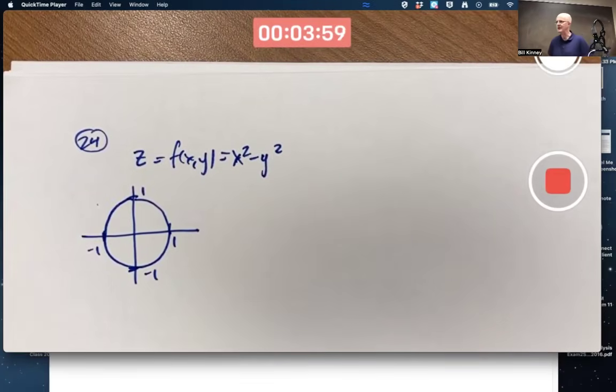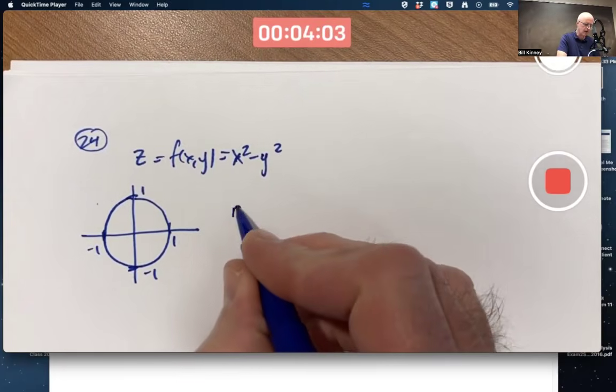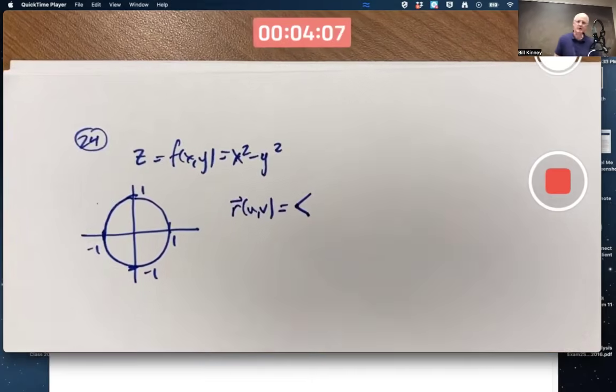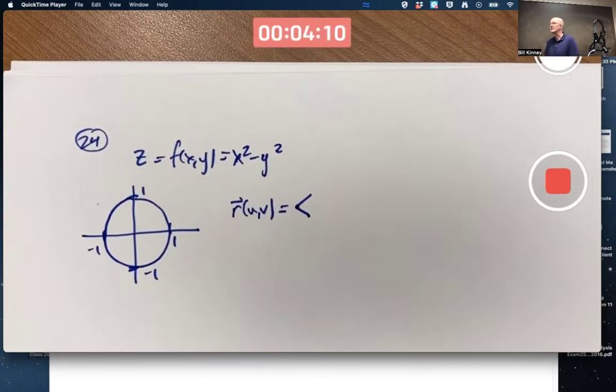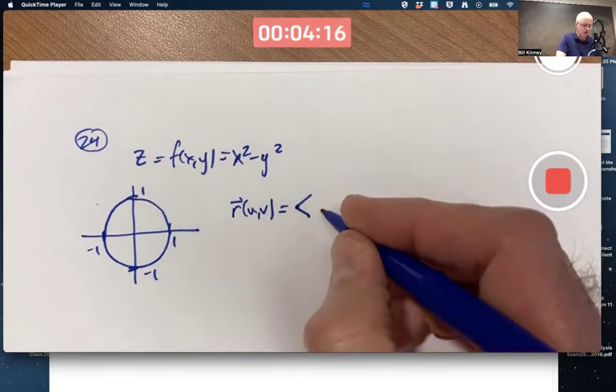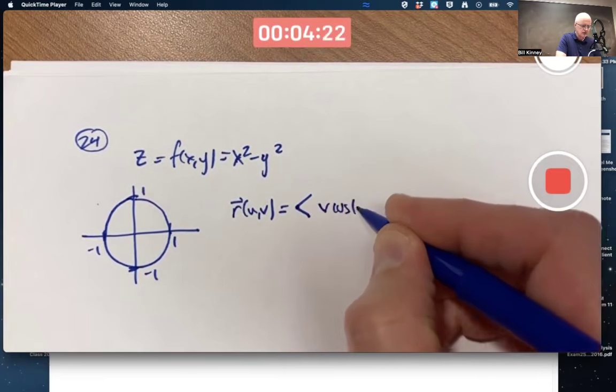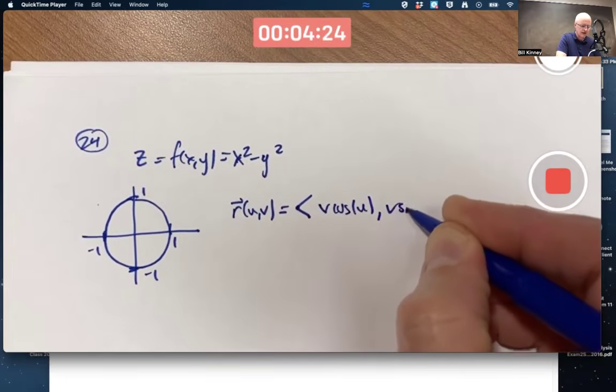Therefore, the way I taught you to do it is you'd want to let r of u v be a three-dimensional vector whose first and second components are effectively polar coordinates. We can actually do actual polar coordinates in this case: v cos u, v sine u.